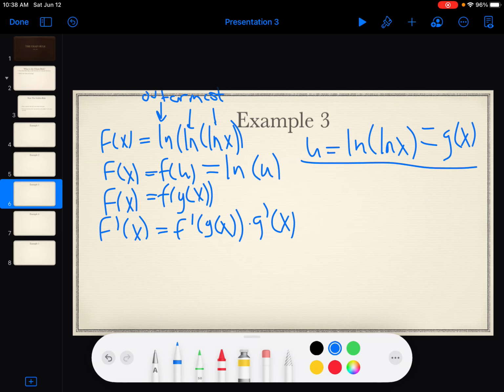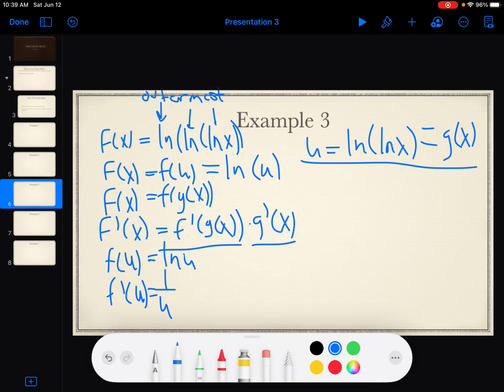Let's fill in the blanks for this at least. What did we have? We had f of u is equal to ln u, and u is equal to g of x. So how do we take the derivative of this? What is the derivative of ln u? It's just 1 over u. So that's f prime of u right there. We got our first part. This is done. But now we've got our second part, g of x.